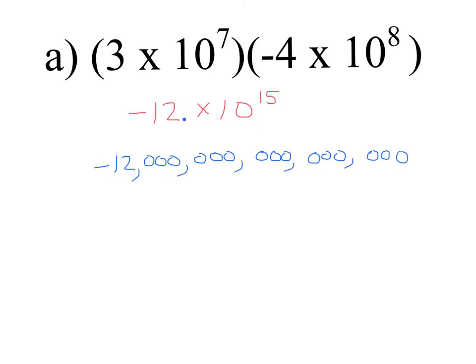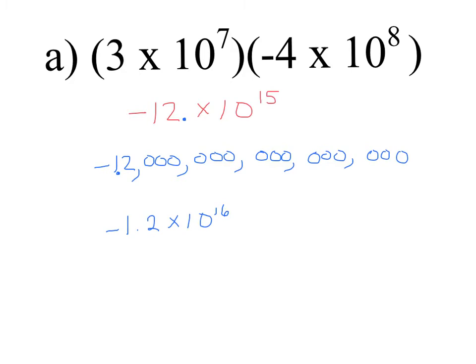All right. So now when I want to put this back into scientific notation, I need that decimal point to end up right there. Okay. So it's going to be 1.2 times 10 to the, I know from here to here is 15. One more spot would be 16. So to the 16th power. So 1.2 times 10 to the 16th.